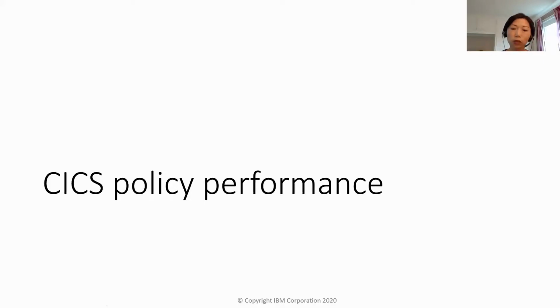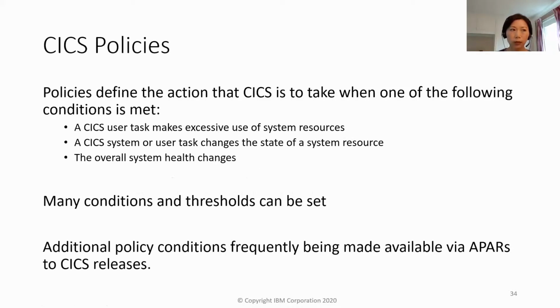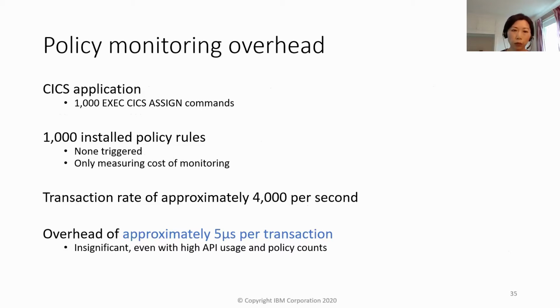So next, I'd like to look at the CICS policy. As you know, we enhanced the CICS policy a lot and have many more choices for you as a system admin to control and monitor the system resources used by a CICS task, as system rule or task rule. So with that, we looked at the performance if you have those policy rules installed in your region.